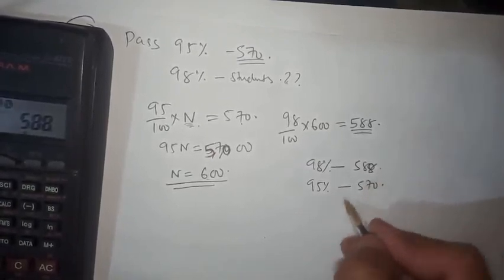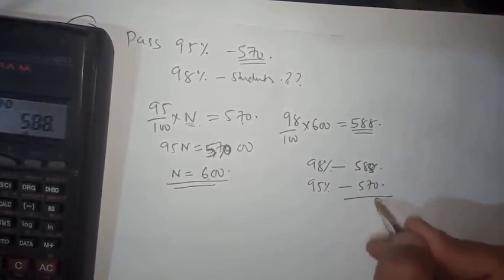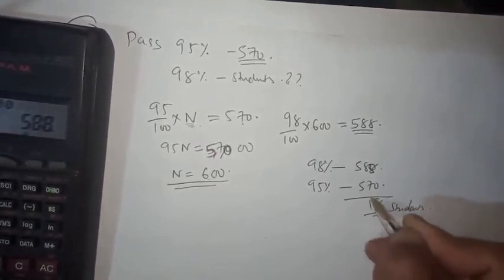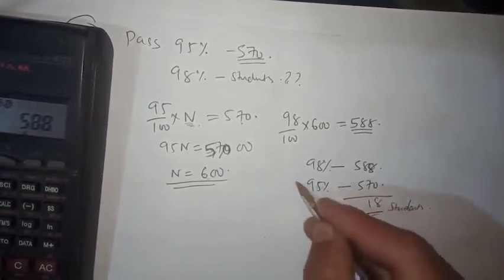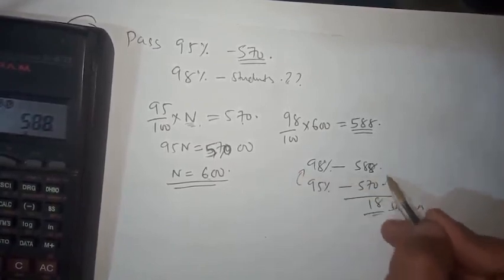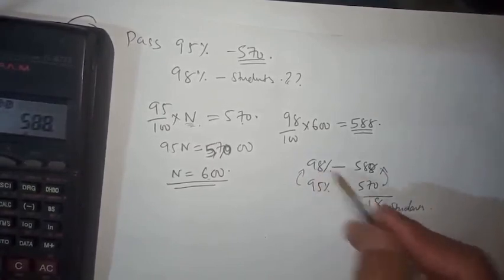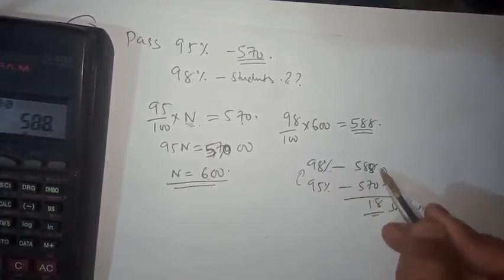So we just need to subtract: 18 students. 18 students are needed to increase the percentage from 95 to 98. Between 95% and 98%, we need 18 students.